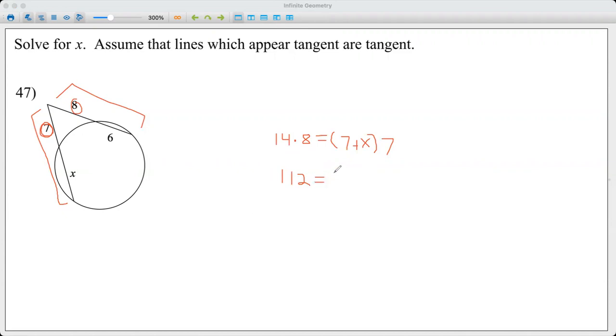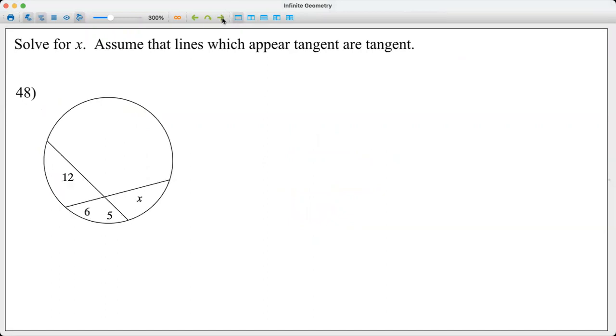Distribute the 7, so that'd be 49 plus 7x. Subtract 49 from both sides. Let's see, 112 minus 49, that's 63. And yes, a math teacher wrote this question because it's nicely divisible. So x is equal to 9. There we go. x is equal to 9. All right, those are fun.